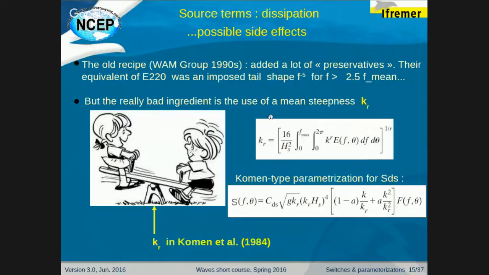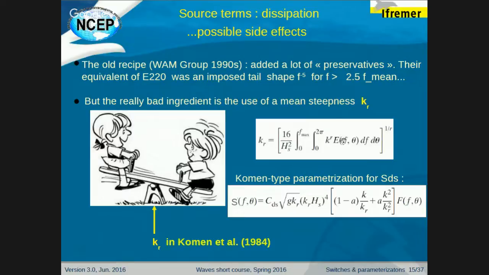So essentially, he said, okay, I'm going to compute some mean wave numbers of this spectrum, multiplied by some wave number to the power r. And if I just have 1 over r as the power here, this number is non-dimensional. And actually, if you really want to make a mean steepness, like a mean squared slope, r should be equal to 2. That's the only reasonable number you should use.